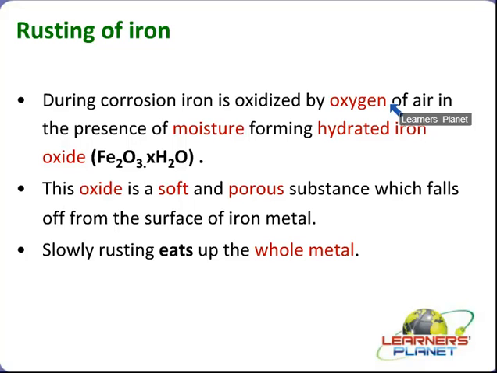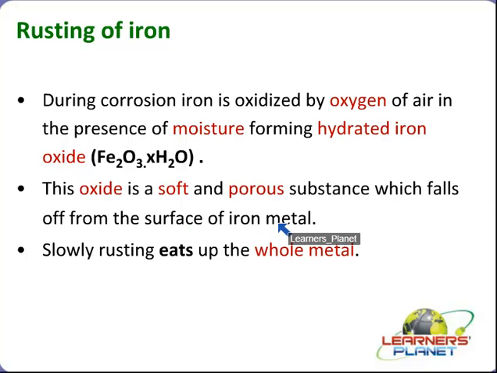You have kept your cycle or any other iron object in the atmosphere, so there is moisture and there is oxygen. So both this oxygen and moisture form what? Hydrated iron oxide. This is Fe2O3.xH2O.